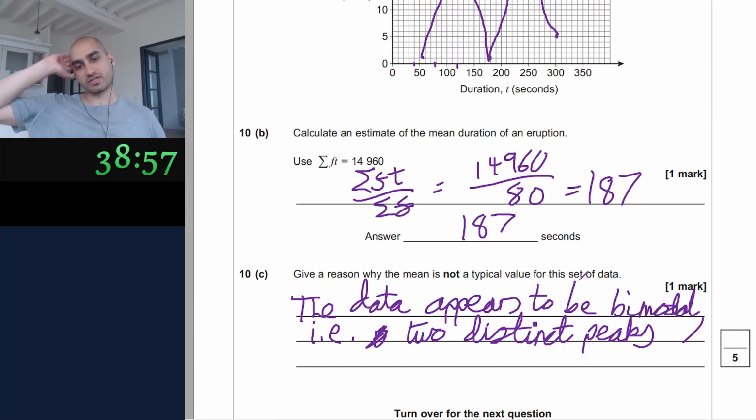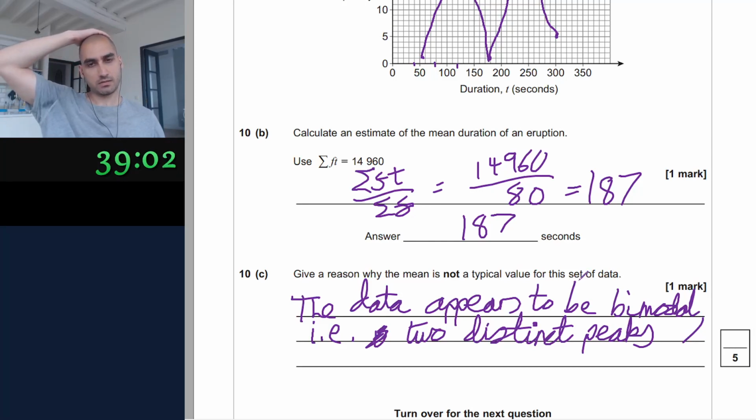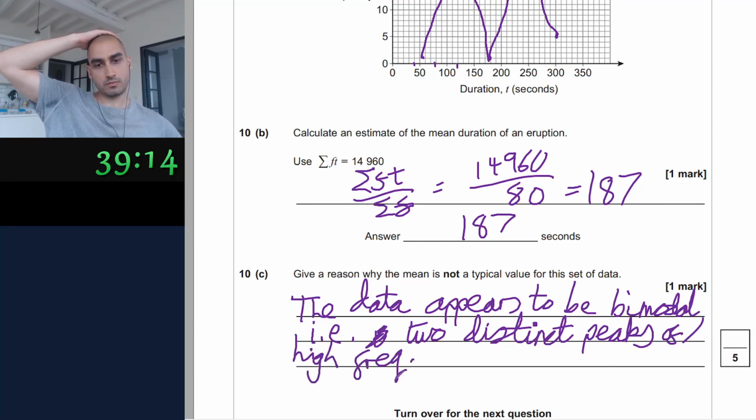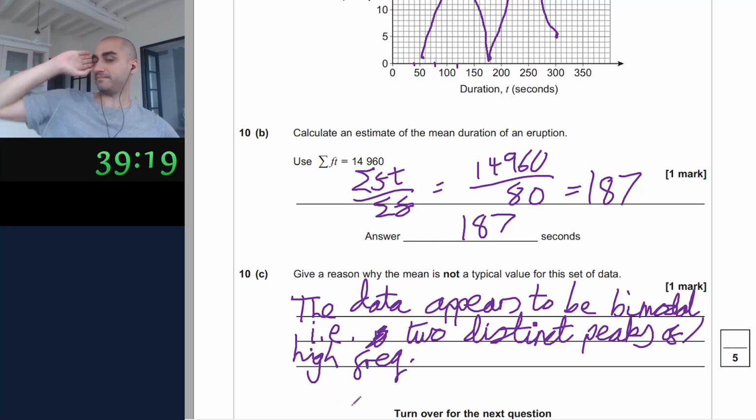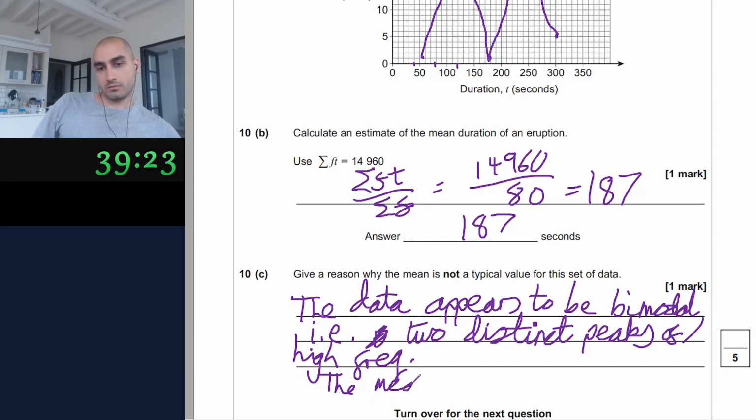What's the question exactly? The mean is not a typical value for this set of data. What do they mean by typical value?